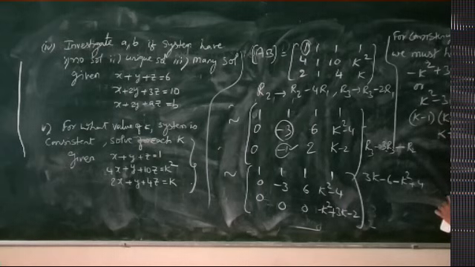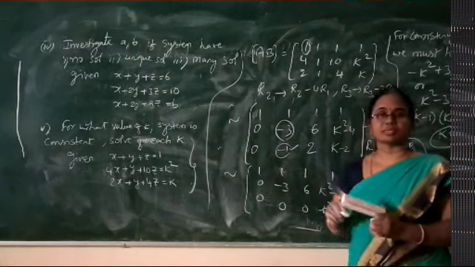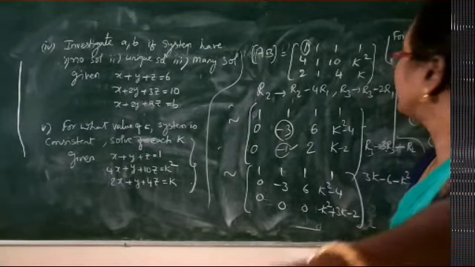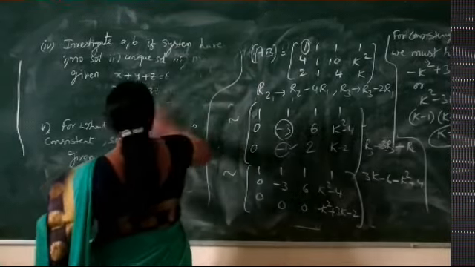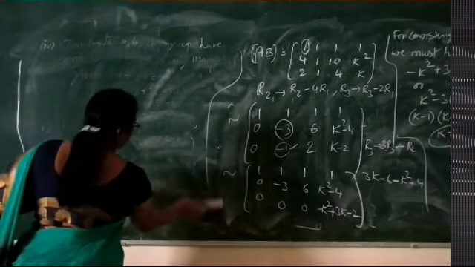We have K equal to 1, 2. So these are the possible values of K which can give a solution for the given system. Now we need to calculate what the solutions are for each value of K. Right? Let us do this. I hope you all are understanding.